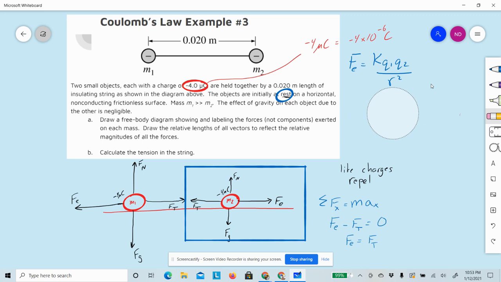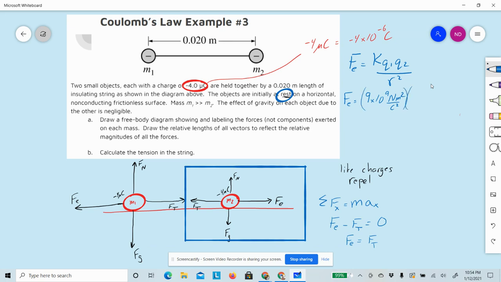Very similar is the electrostatic force, but different. The electrostatic force is equal to K, the electrostatic constant, which is 9 times 10 to the 9th newton meters squared per coulomb squared, multiplied by Q1.